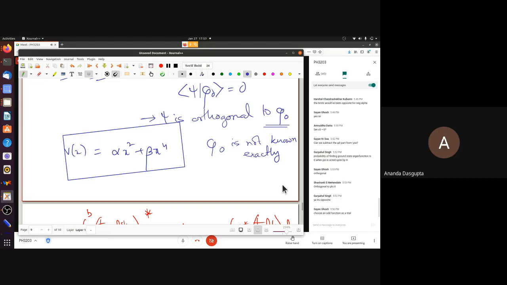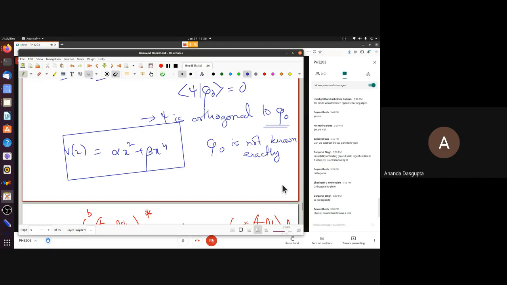There's one warning before anybody asks. Some of you should definitely have asked this question by now. Minimizing gets you closest to the energy eigenfunction, or to the ground state energy, or in this case, the first excited state energy. But how close? That is, after all, the 10th excited state energy is also more than E0, right? So the lowering might get you to E10 and not to E0.